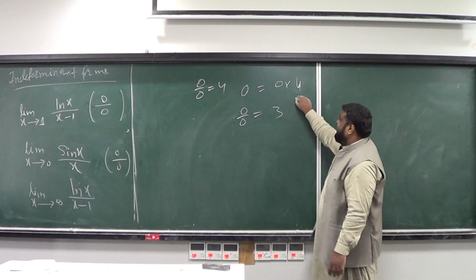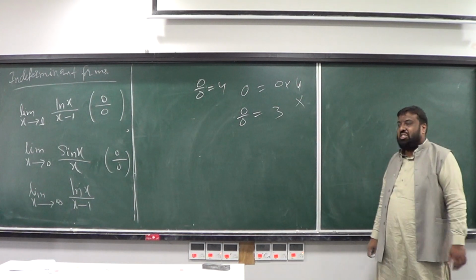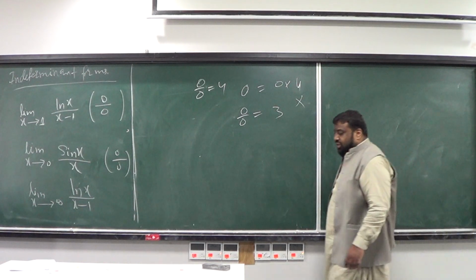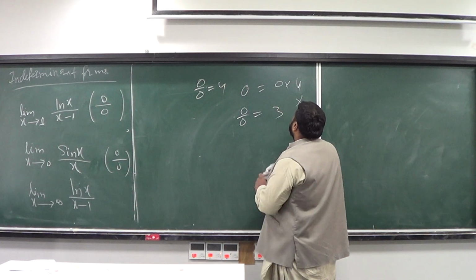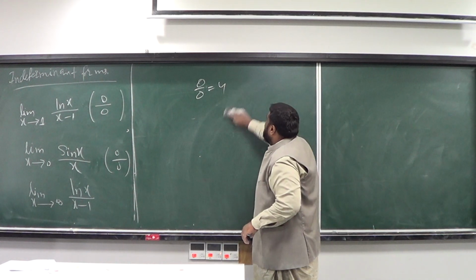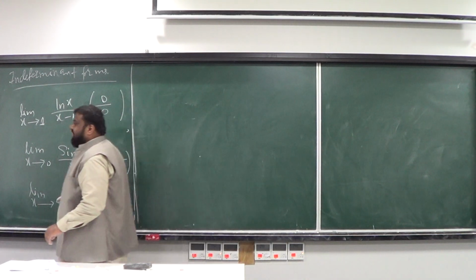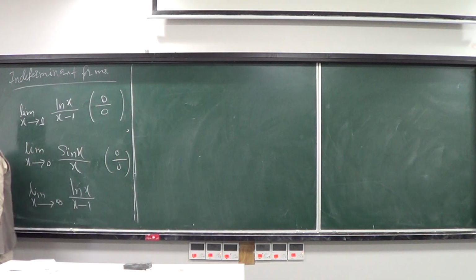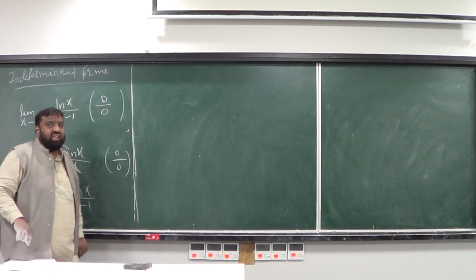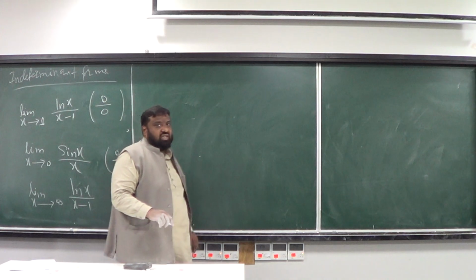So you're going to say, this is nonsense. It doesn't make sense. So whenever you are computing a limit and it turns out that by substituting the limit you are getting 0 in the numerator and 0 in the denominator, you're going to say, I can't compute this limit in its current form.